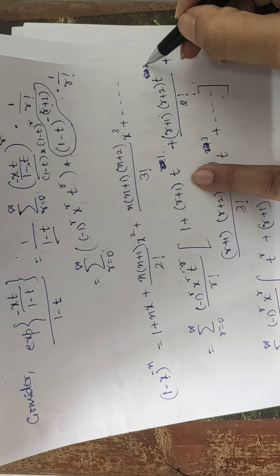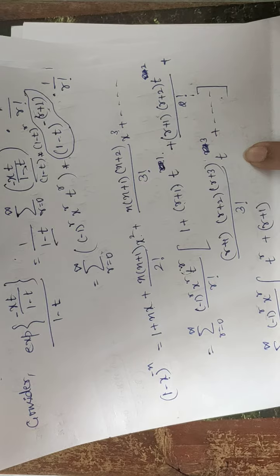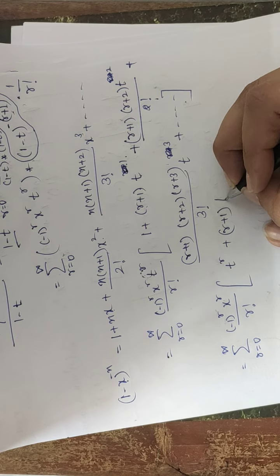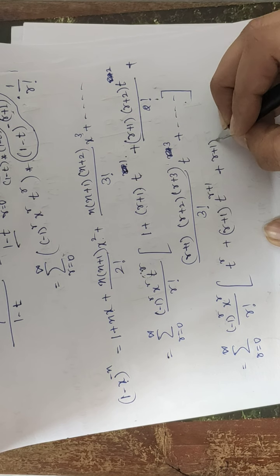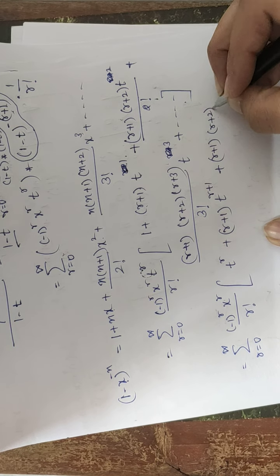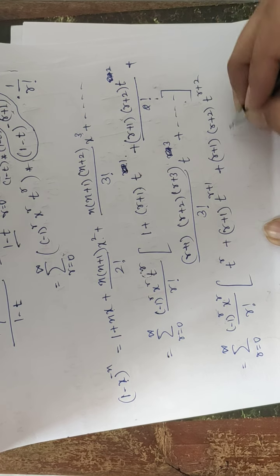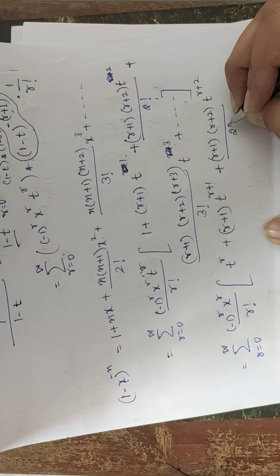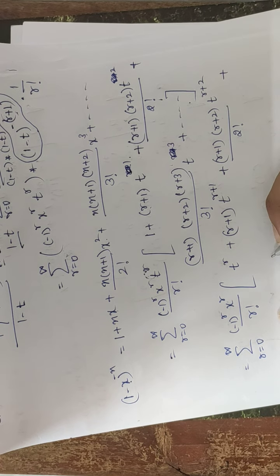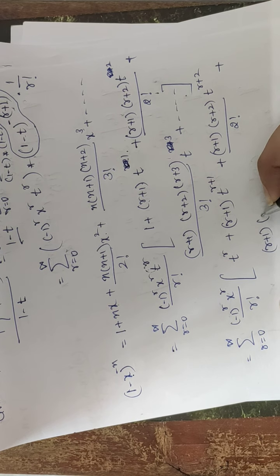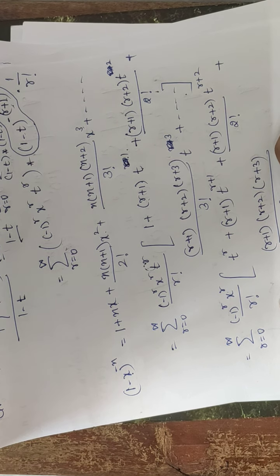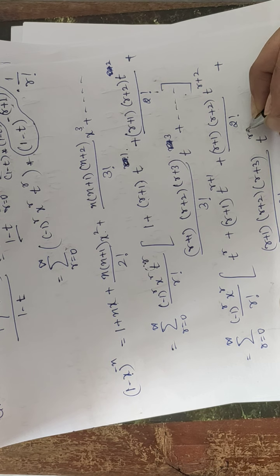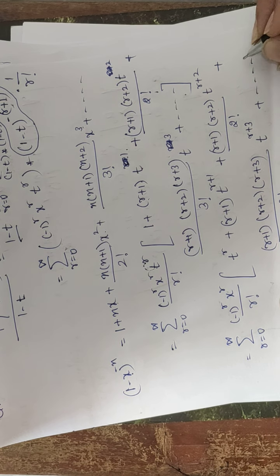This is t square, this is t cube. Okay, so now you will get t power r plus 1 plus r plus 1 into r plus 2 t power r plus 2 divided by 2 factorial plus r plus 1 into r plus 2 into r plus 3 by 3 factorial into t power r plus 3 plus so on.